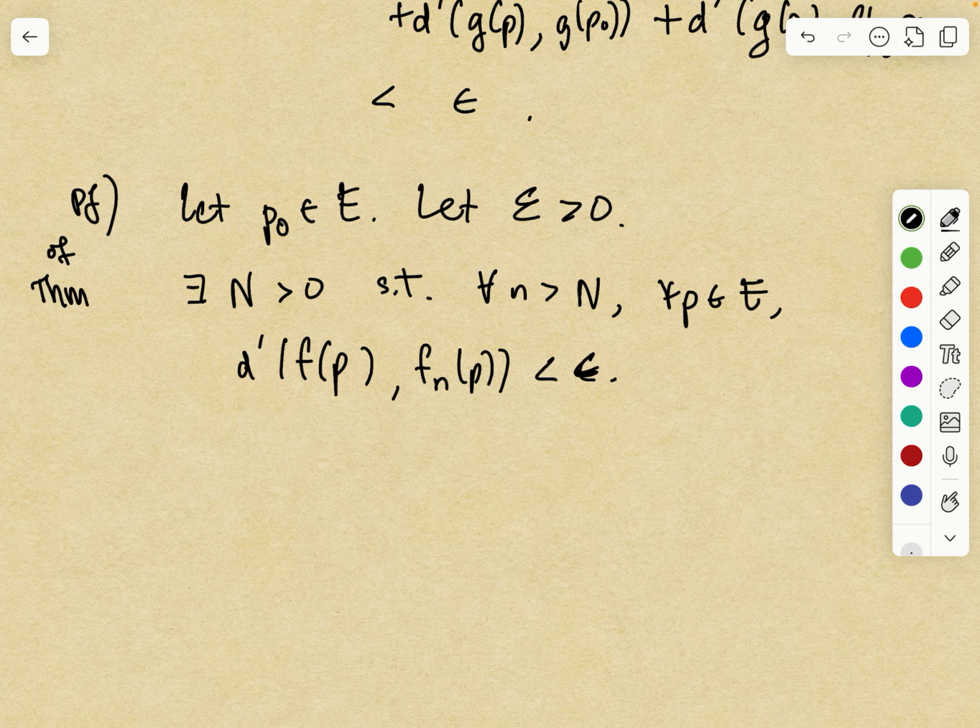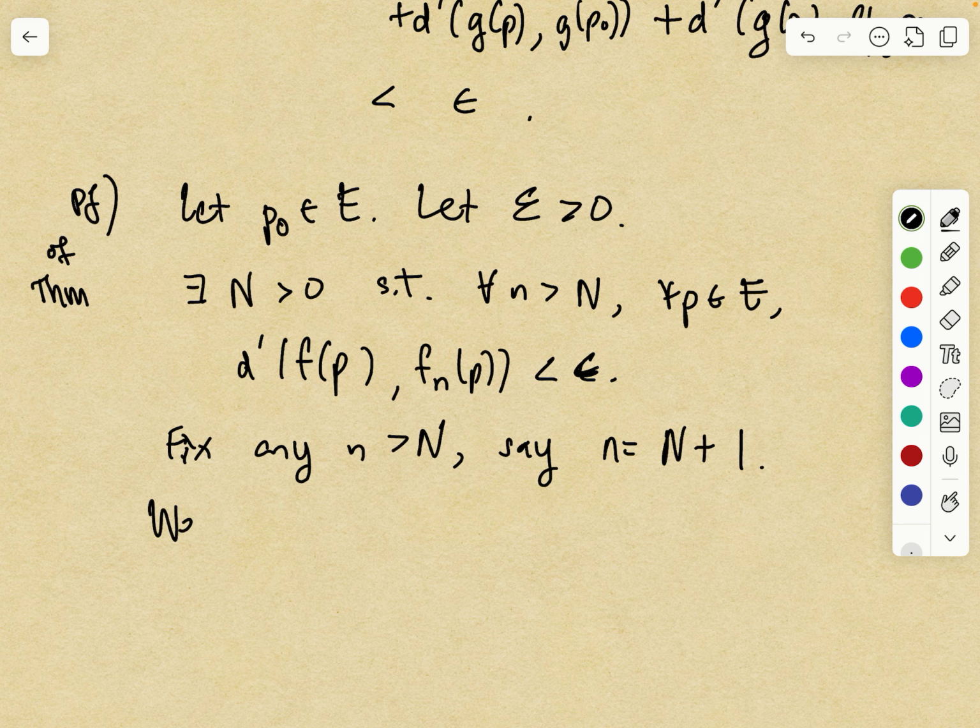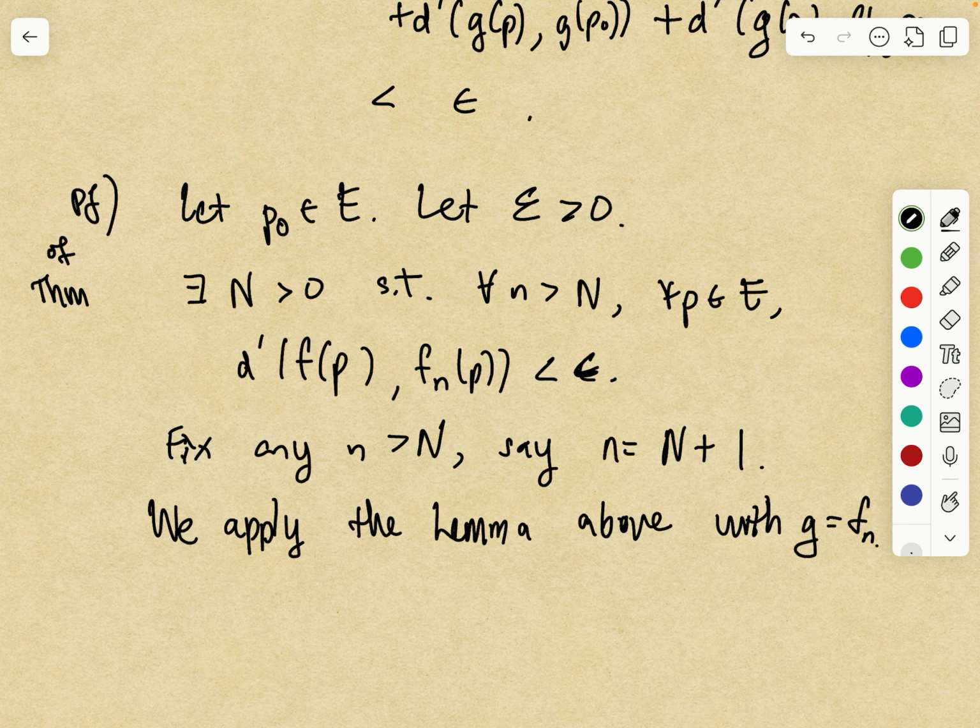Now let's just fix any n larger than capital N. Any little n will work. Say n equals capital N plus 1. And then we get this f sub n, and we apply the lemma above with g equal to f sub n.